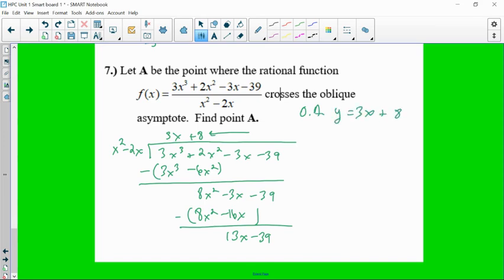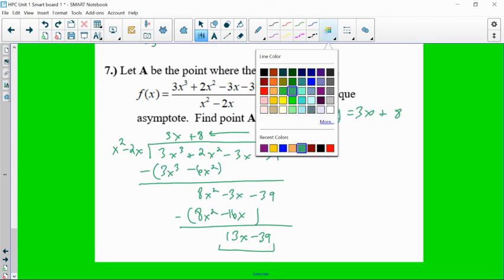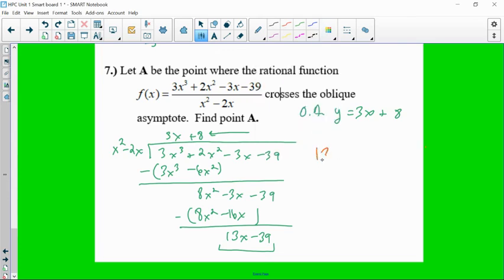Then it says find the point where it crosses. Remember, we set the remainder equal to 0. This one actually worked out nicely, didn't it? So I'm so happy. I'll change colors. We'll go to orange. So 13x minus 39, set that equal to 0. So 13x equals 39, which means x equals 3.